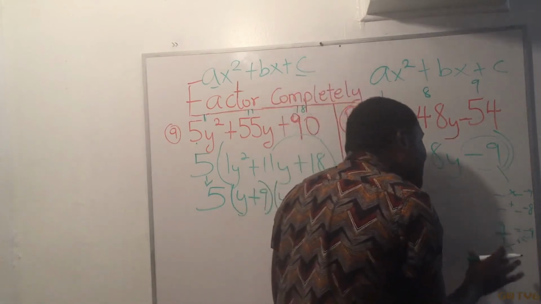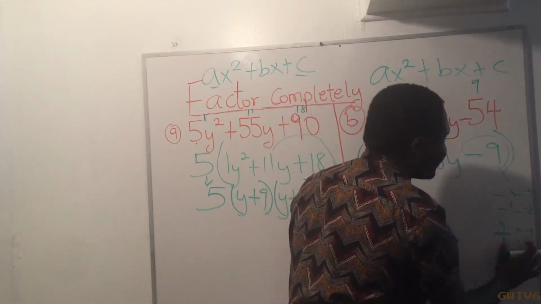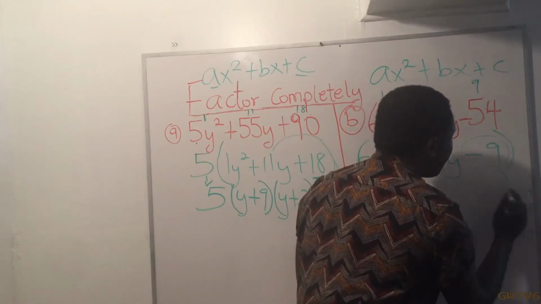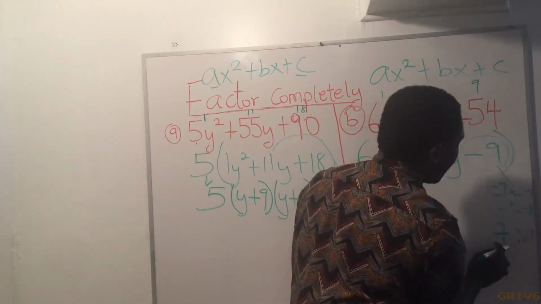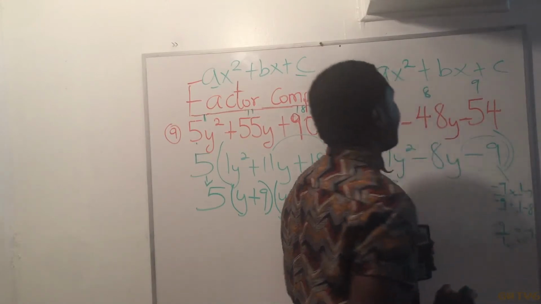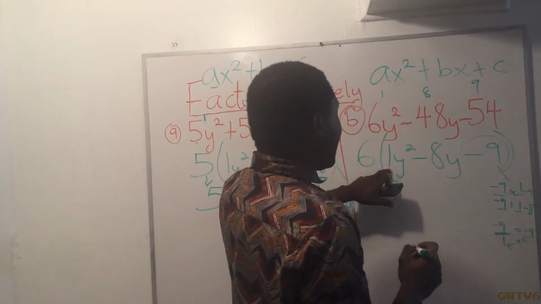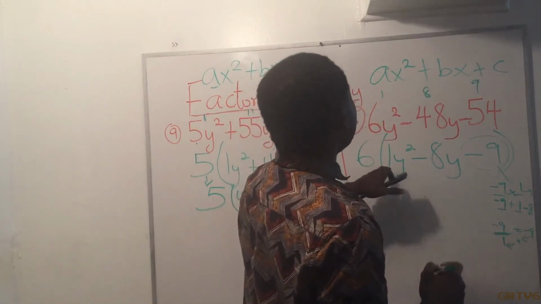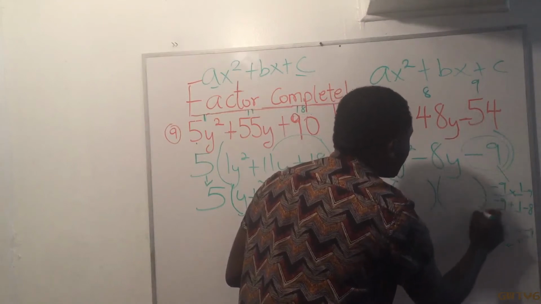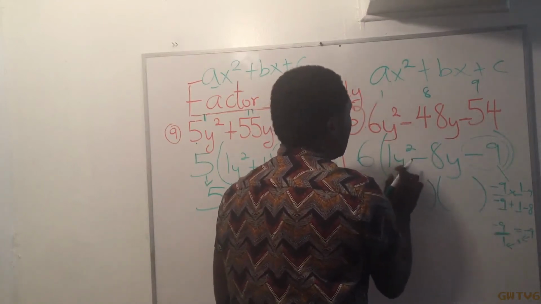So the 2 numbers that I'm looking for, I got it. That was first try, I got it. I was very lucky right here. So negative 9 and positive 1. Because the leading coefficient is 1, I just do this right here. I have my 2 parentheses. The variable that I'm dealing with is a y.